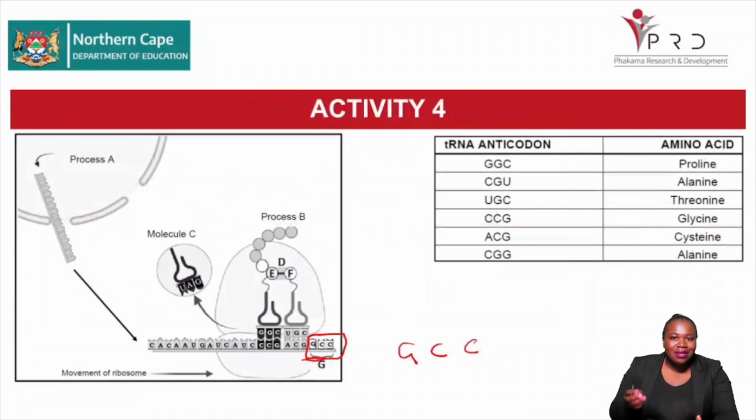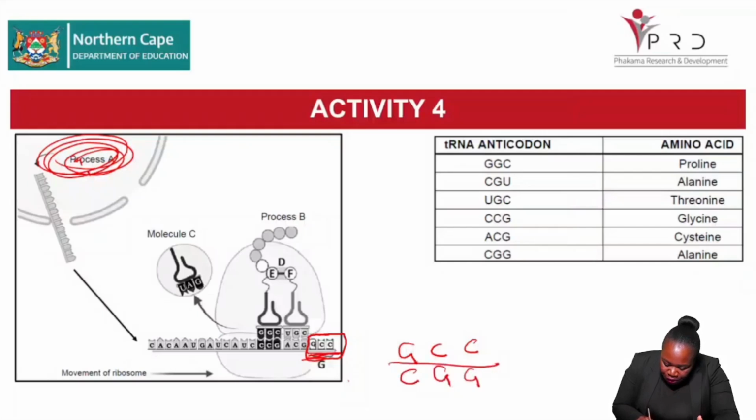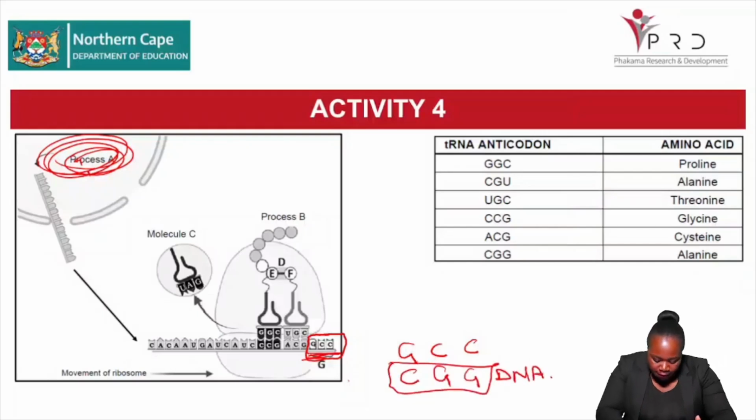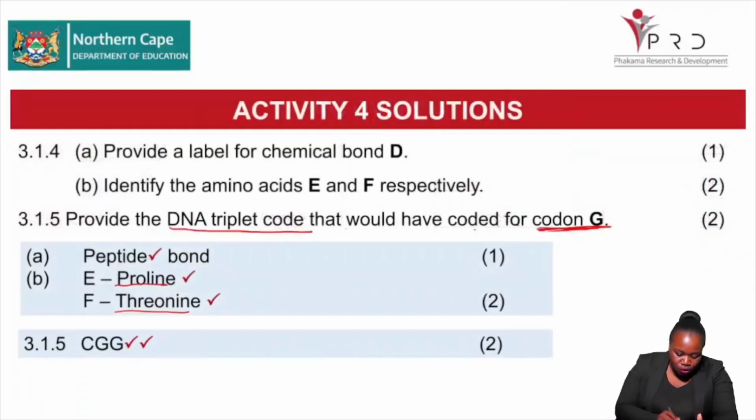The question wants the DNA triplet that helped to form this. So what was in here that helped to form this GCC? GCC, we know that G pairs with C, G, G. So this is our DNA triplet. So we have CGG as our DNA triplet. So that is what we would get for 2 marks.